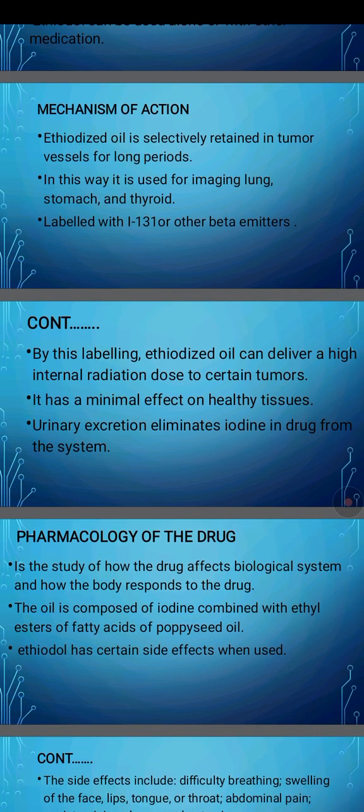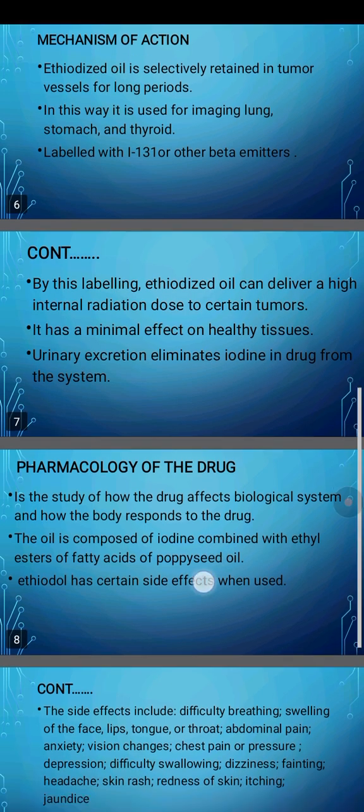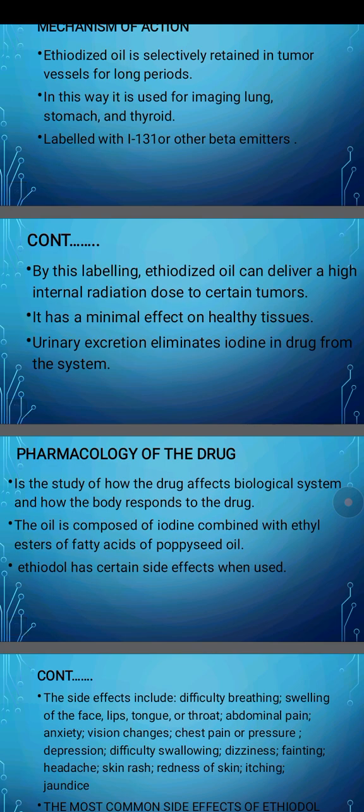Ethiodized oil is labeled with iodine 131 or other beta emitters. This labeling tells us that ethiodized oil has iodine 131 in its composition. Therefore, ethiodized oil can deliver a high internal radiation dose to certain tumors.